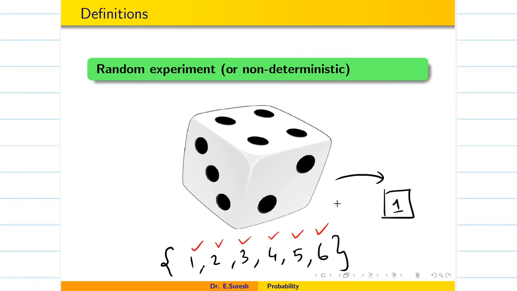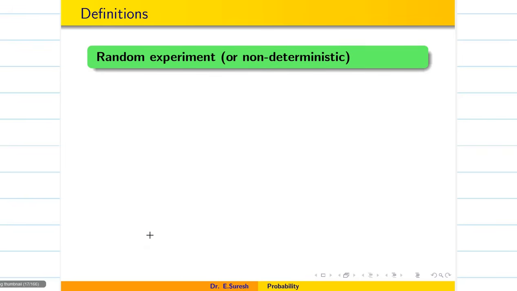But the problem is, when I throw a die, you don't know what my output is. You can predict, you can bet it: sir, 3 will come, 5 will come, 6 will come. But no one can say the exact answer when you throw a die. Once it stops, I can see the output like 6 or 5. That is called a random experiment.